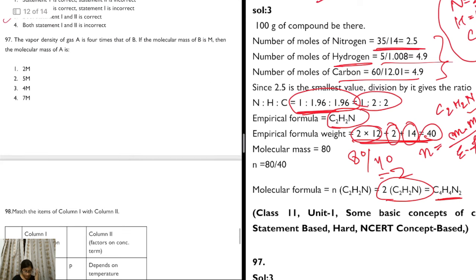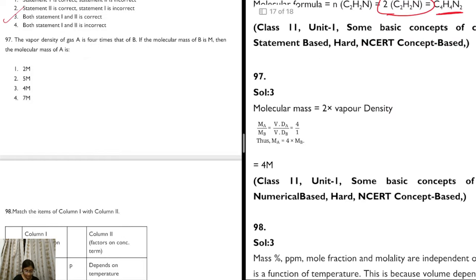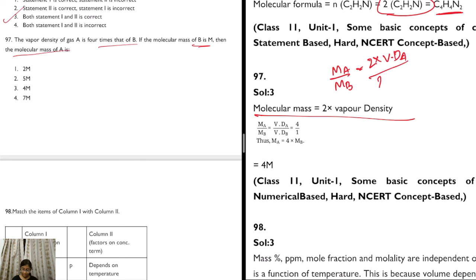Let's see the next question. The vapor density of gas A is 4 times that of B. If the molecular mass of B is M, then what is the molecular mass of A? This is easy. Molecular mass equals 2 into vapor density. So let MA be for A and MB for B. We'll just divide these: 2 into vapor density of A upon 2 into vapor density of B, which is given as 4 times.